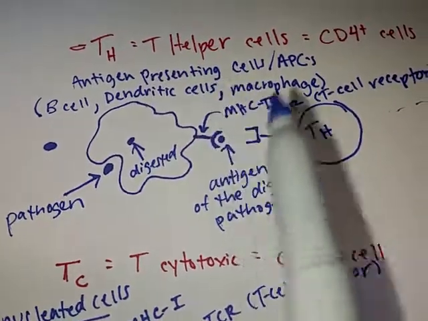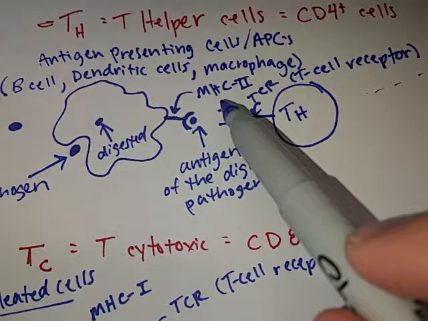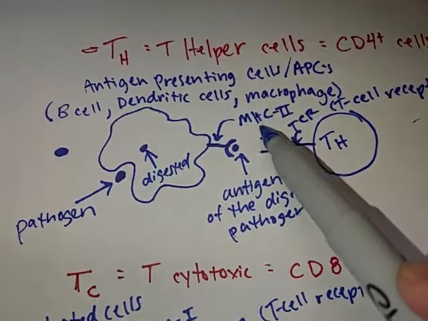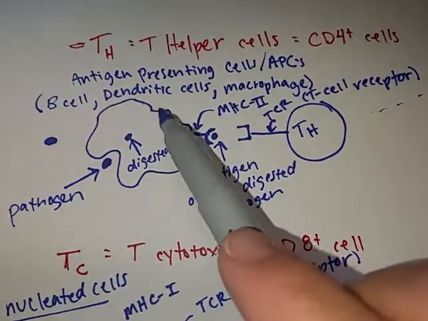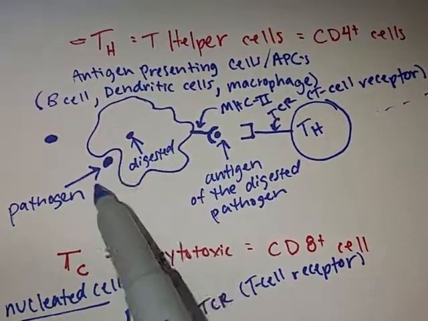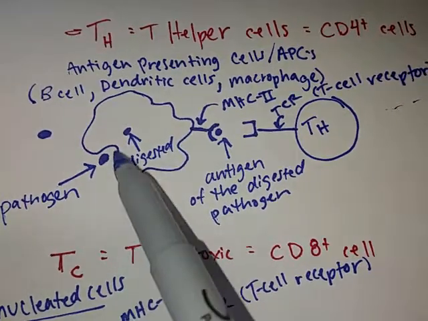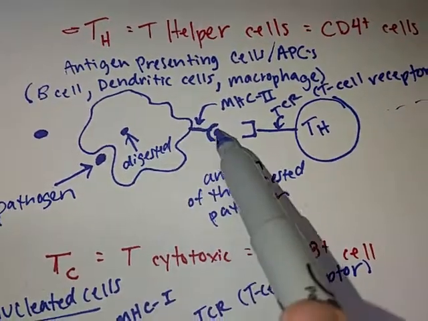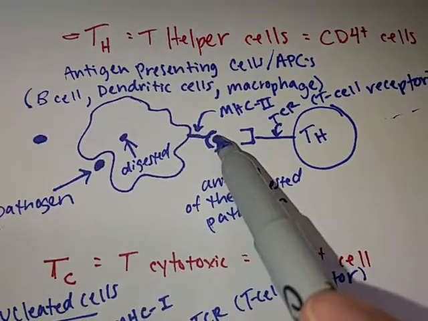The T helper cells have a T cell receptor that interacts with MHC2 found on antigen presenting cells. Remember, antigen presenting cells gobble up different pathogens in the environment, chop them up, and then present that little piece of the pathogen on the MHC2.